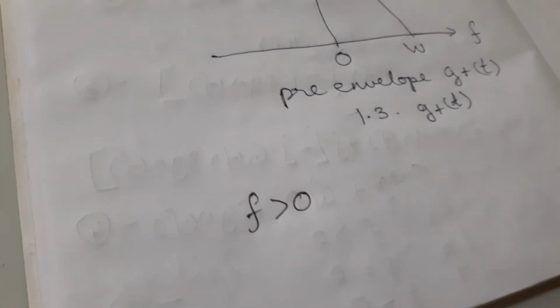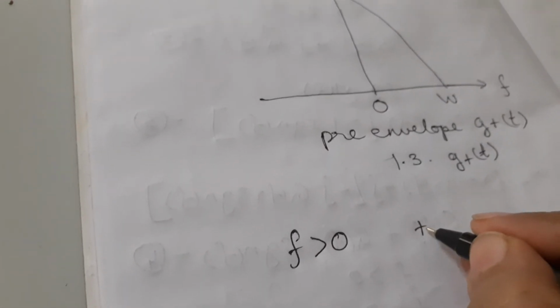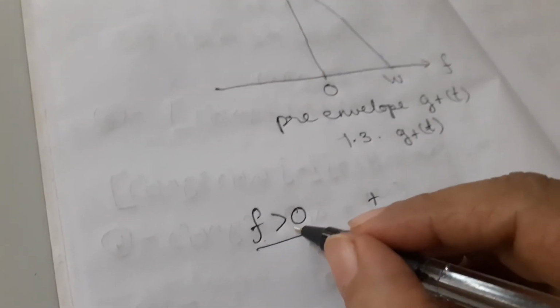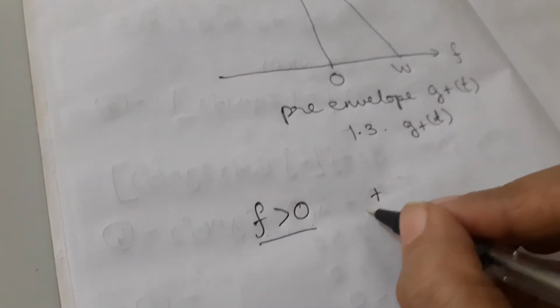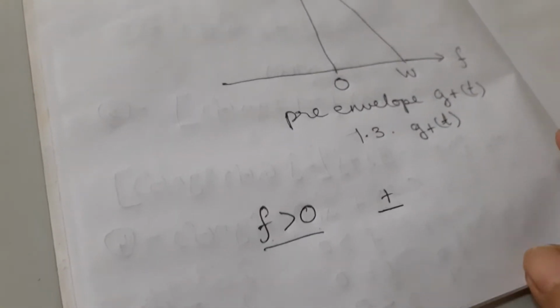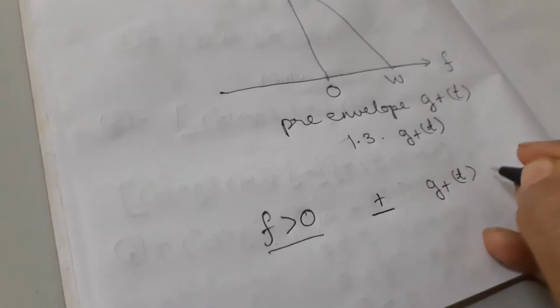So this justifies the significance of the suffix plus. We don't have anything for f less than 0; we have it for f more than 0. So only plus is used. So we can define the pre-envelope as g plus of t.